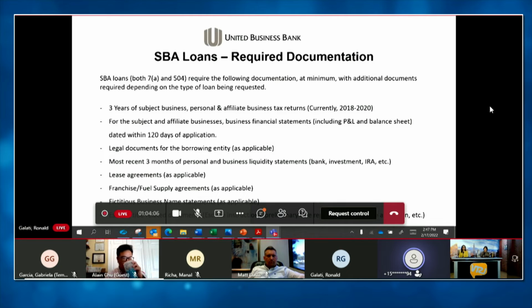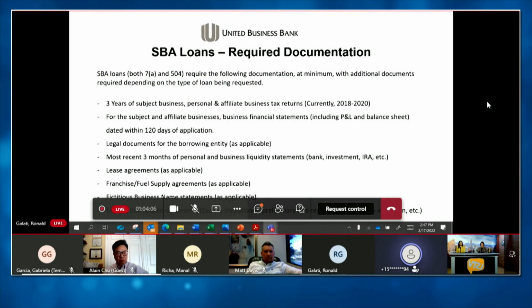One of the things I hear from a lot of customers who are interested in SBA financing is that the SBA requires a lot of documentation. It also takes a lot longer generally compared to a conventional loan. These are comments we hear all the time: documentation is too much, or it just takes too long to process.